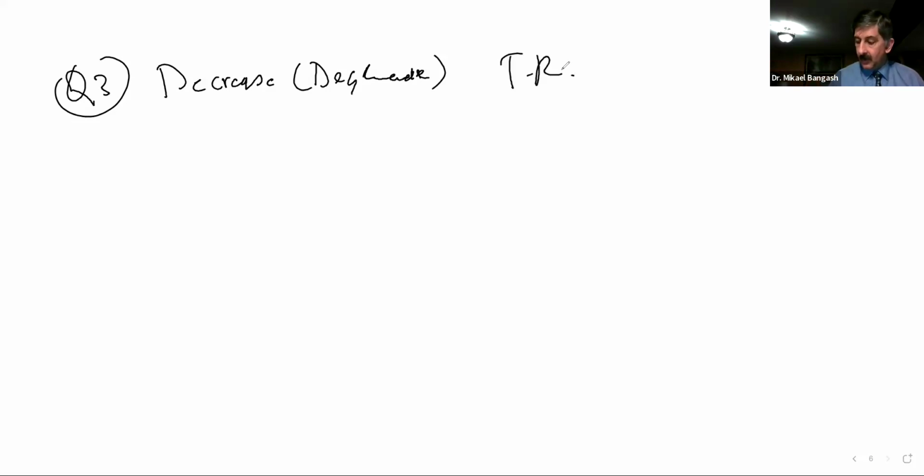Now they're giving us 4 options here, and they are asking us to find the one that improves your temporal resolution, because all of the others will decrease, degrade, or reduce your temporal resolution, except one. So you will have to choose that answer.